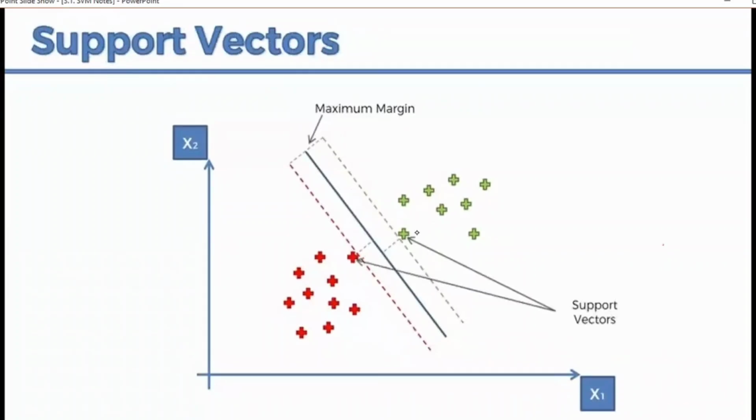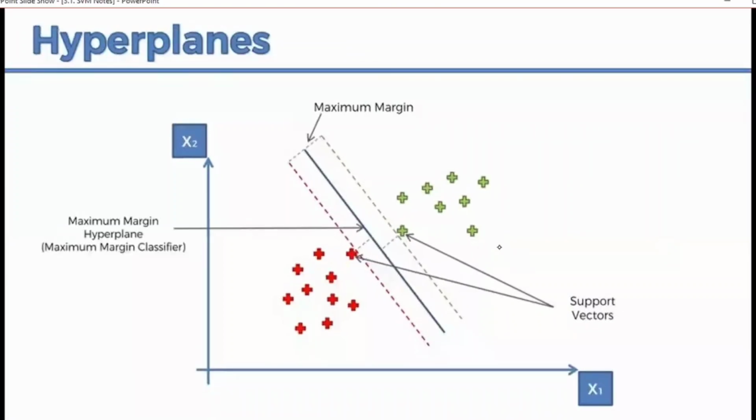So these are called support vectors, from which the class converts. Up to that, all the data points belong to one category. From here, it is going to convert to the next class. The place where the change happens is called the support vectors. The left side is one class and the right side is another class.